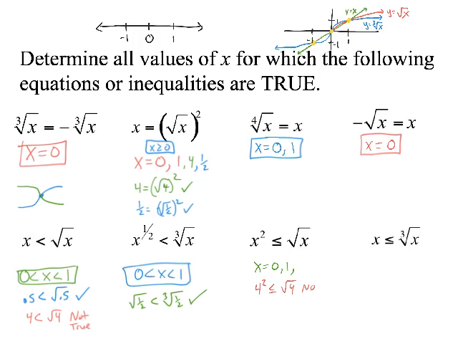Okay, can we try something between 0 and 1? Yes. So let's try 0.5. Is 0.5 squared less than or equal to the square root of 0.5? And if you tried that on a calculator, it would be true. So my answer actually becomes values between 0 and 1, including 0 and 1.